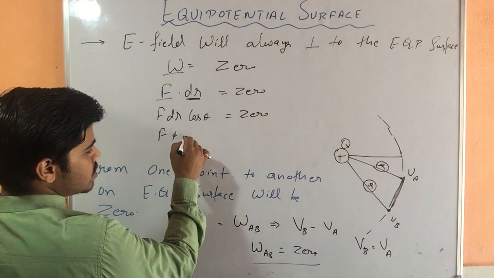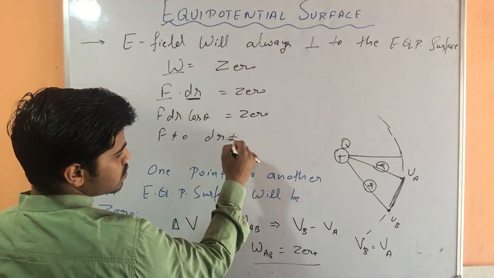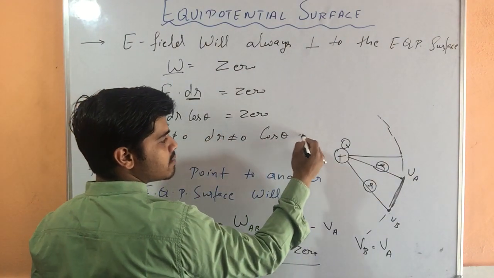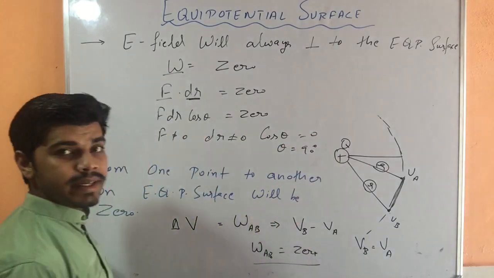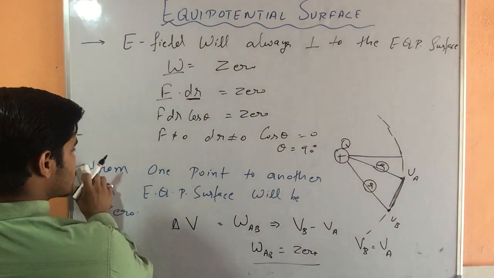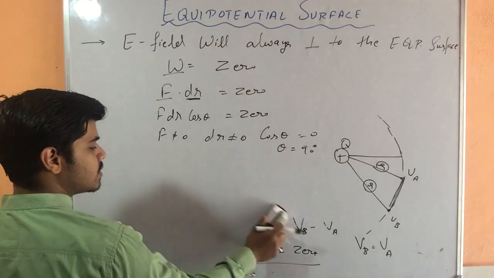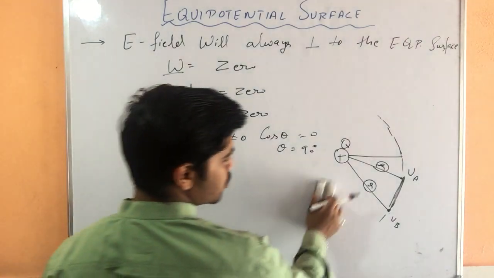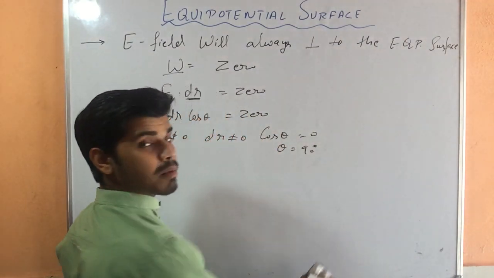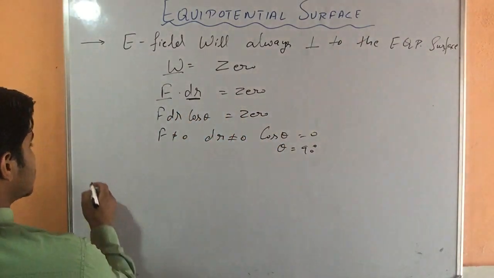F is not equal to 0, dr is not equal to 0, but cos theta can be 0 when theta is equal to 90 degrees. Hence it is proved that the electric field throughout the region of an equipotential surface is always perpendicular to the surface.